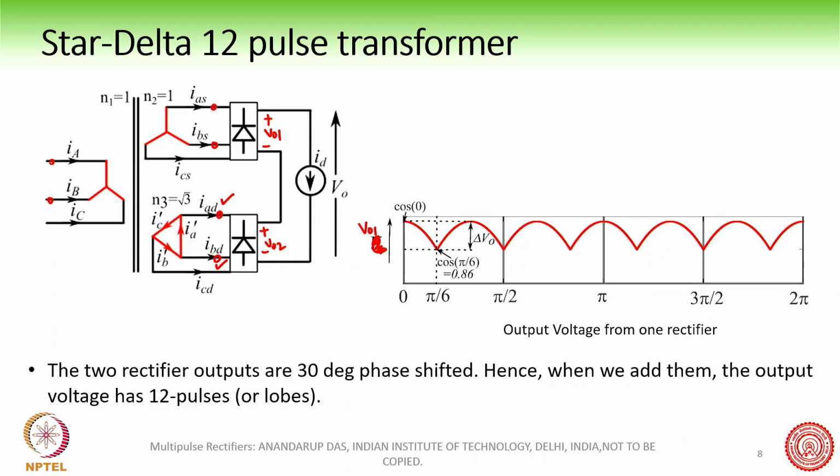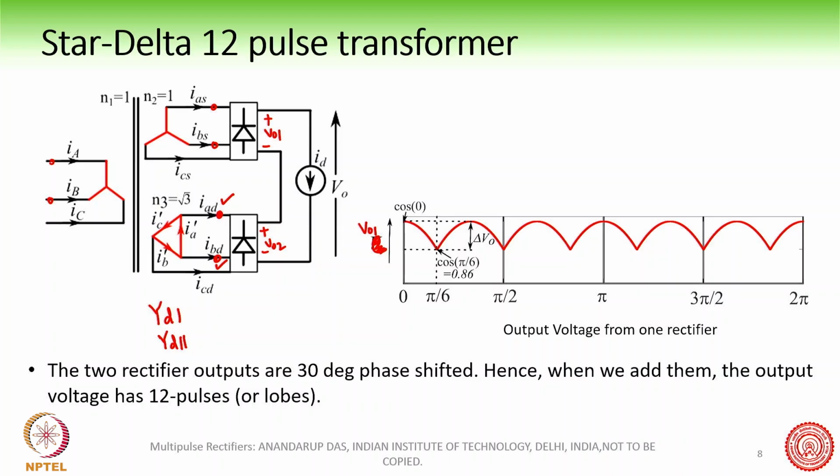There is a 30 degree phase shift between the star and delta, and that is why we often use this kind of arrangement, YD1 or YD11. Those who know about transformer connections know that there is a phase shift of 30 degrees between the primary and the secondary.